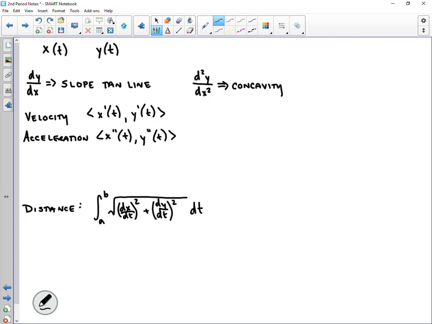And then, since we have an x component and a y component for parametrics, I can't just calculate the absolute value of the velocity vector for speed. So speed is going to be the magnitude of this vector. Do you know how to find the magnitude of a vector?